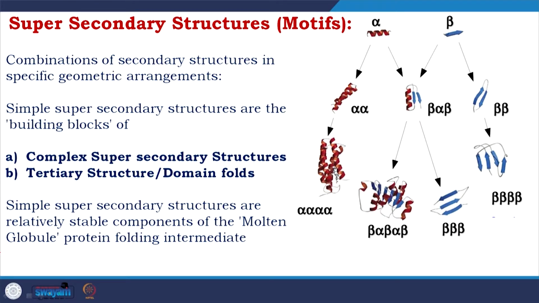Then from alpha alpha it comes alpha alpha alpha alpha, from beta alpha beta it comes beta beta beta, and from beta beta it comes beta beta beta beta. The example of alpha alpha alpha alpha is the 4 helix bundle, beta alpha beta is the beta meander, beta beta beta is the Rossmann fold, and beta beta beta beta is the Greek key motif.